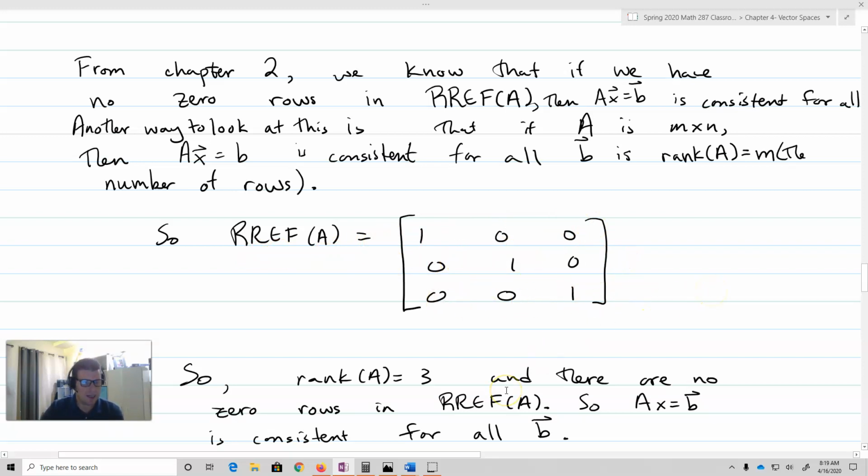The rank here is 3. It has no 0 rows, so that tells me I'm going to end up with a consistent system for all B. Consequently, every vector in R3 can be written as a linear combination of these three vectors. So these three vectors do span all of R3.